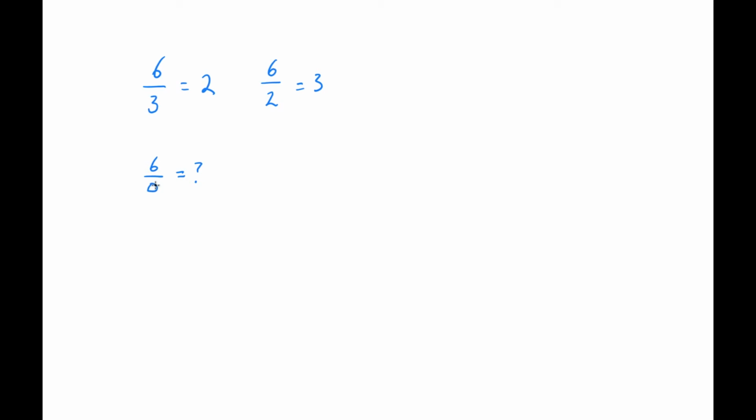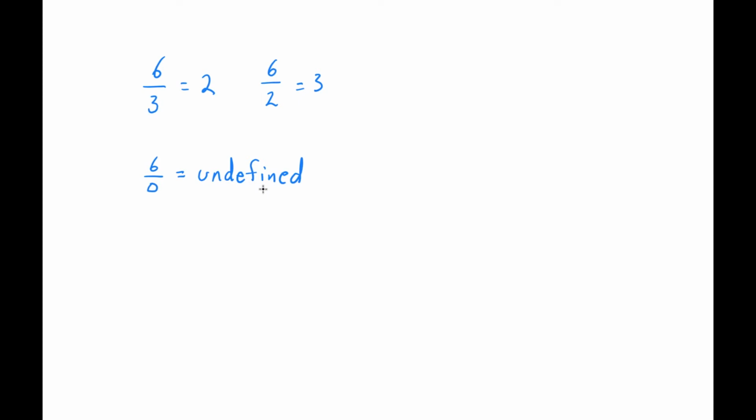So 6 divided by 0 really has no meaning. So what we say when we divide a number by 0 is that it is undefined, because you're not dividing anything. It stays 6. So there's an undefined operation of some type going on. You can't divide by 0.